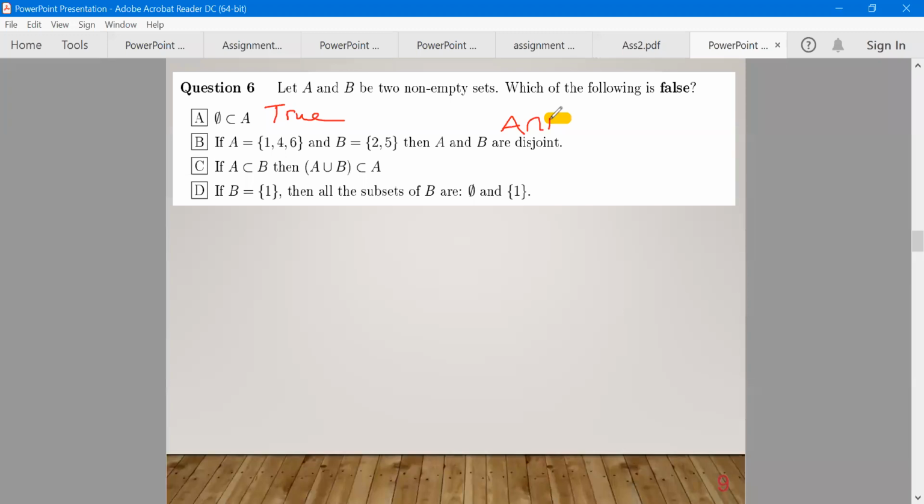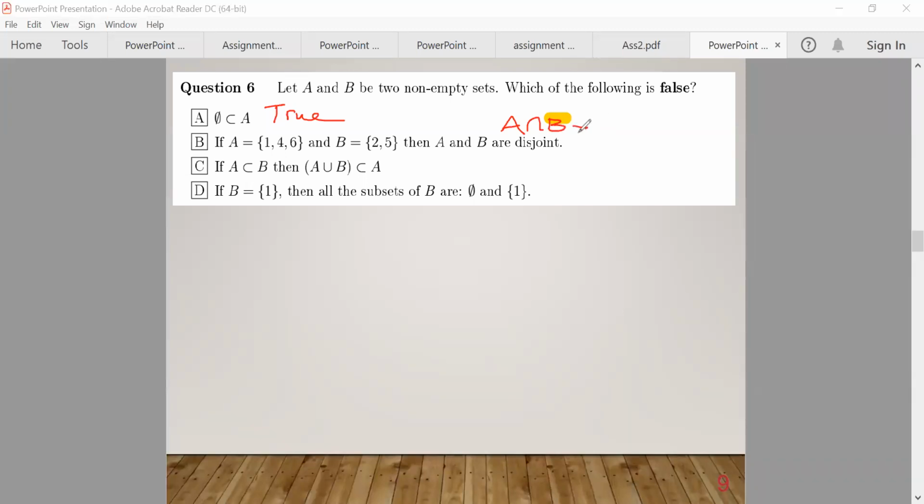Disjoint means the intersection is the empty set. Look, 2 is in B, 2 is not in A. 5 is in B, 5 is not in A. So this is true. The intersection is the empty set, no elements in common.